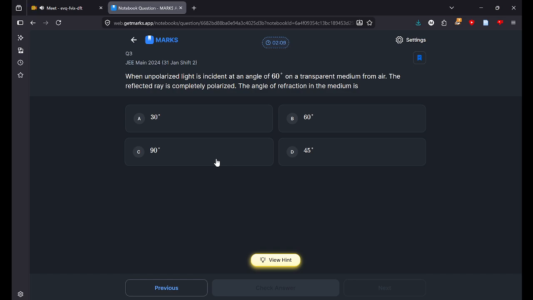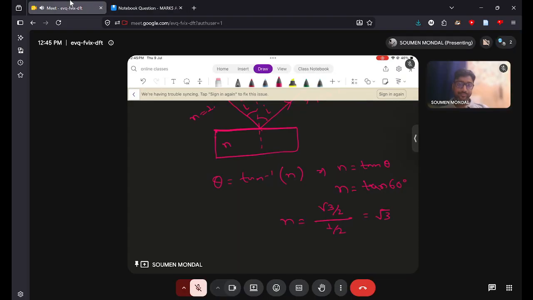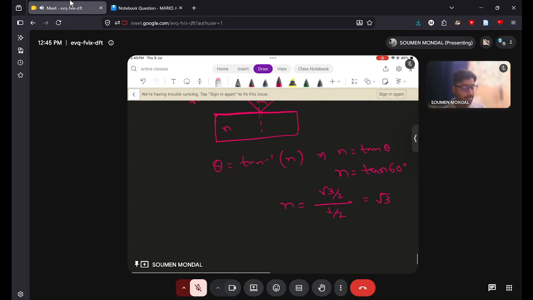Oh, they want to know the angle of refraction in the medium, not the refractive index of the medium. Anyway, my bad. We got our refractive index anyway, so we can apply Snell's law again.